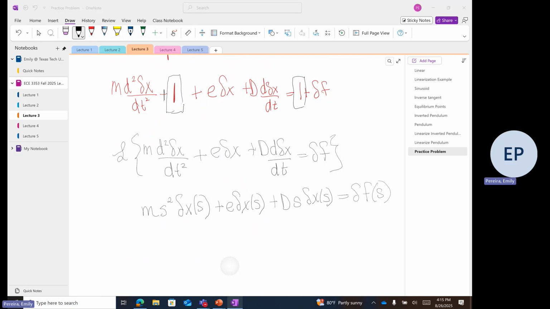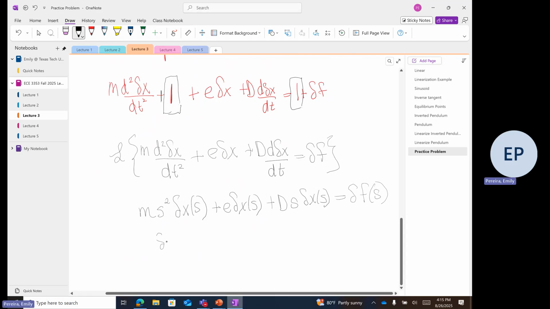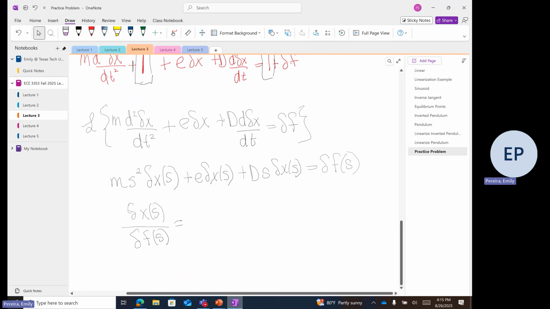And so if we find the transfer function of the perturbation around x with respect to the perturbation around f, I'm skipping some steps, but if you factor and then divide, you'll get 1 divided by m s squared plus e plus d s.